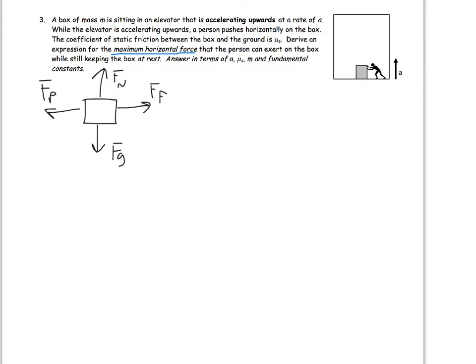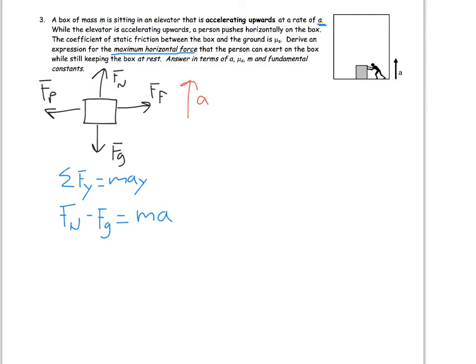In this situation, we know that we're accelerating upwards, so I'm going to draw that force off to the side. So I'm going to set up my max and may as I always would. In the y direction, we have Fn minus Fg, and that's going to be equal to m times that upward acceleration a, which we're told in the problem. It's accelerating upward at a rate of a.